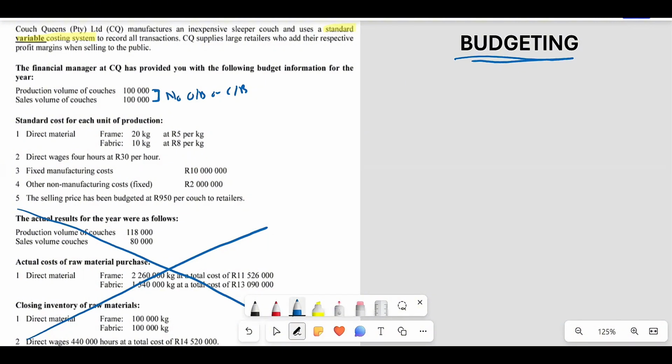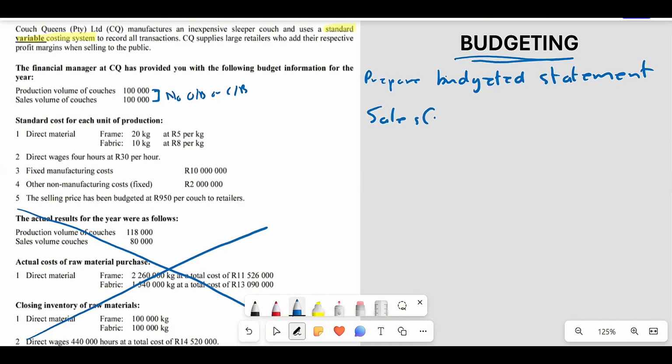Okay. So now let's say the required says prepare the budgeted statement. We are preparing a budgeted statement. Okay, now let's start with sales.